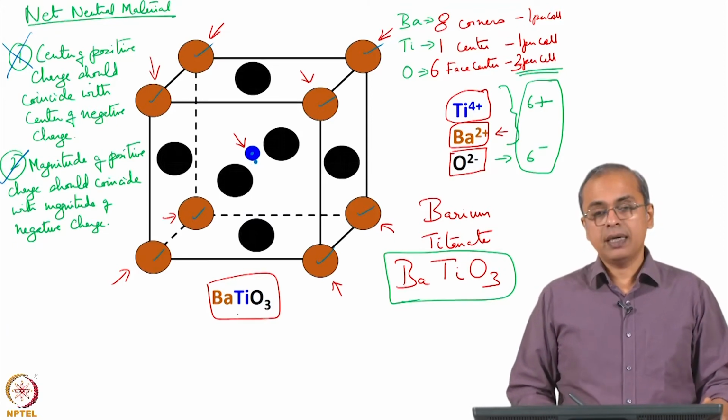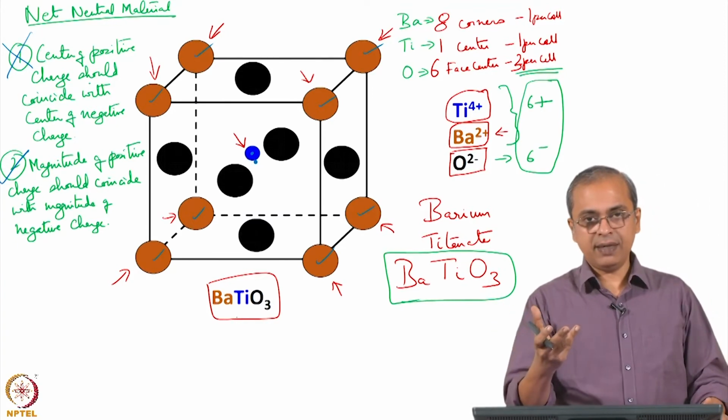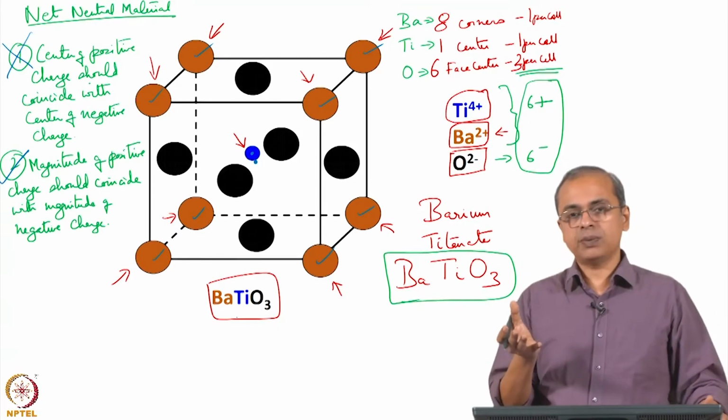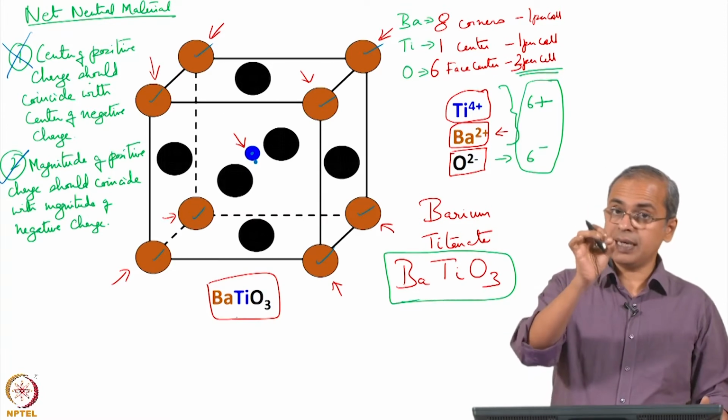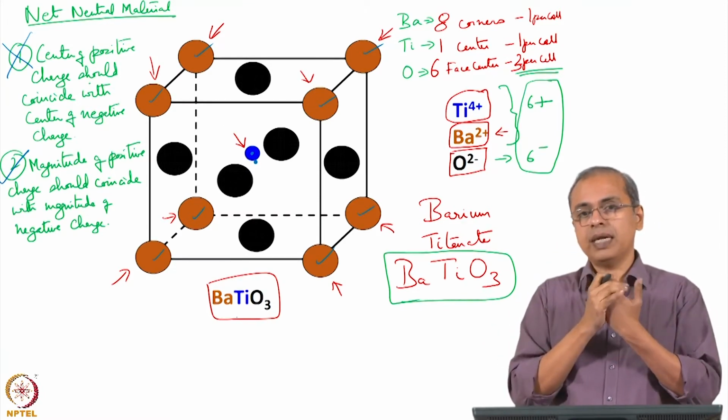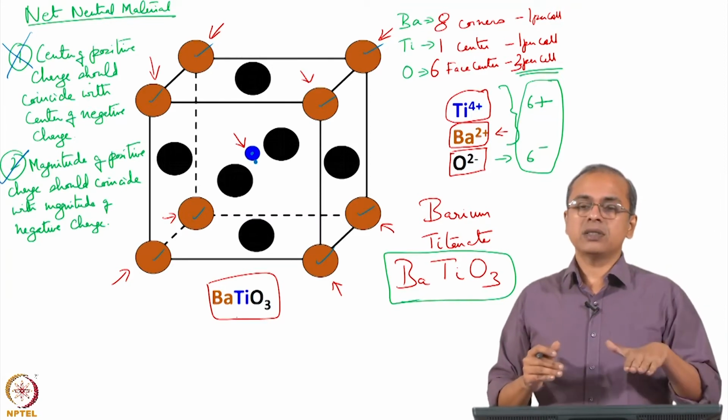Therefore, you would have all of the 6 negative charges on average sitting at the center of that lattice, and all of the 6 positive charges also sitting at the center of the lattice. Then you would find that there is no net polarization. In this material it turns out that that is not true.